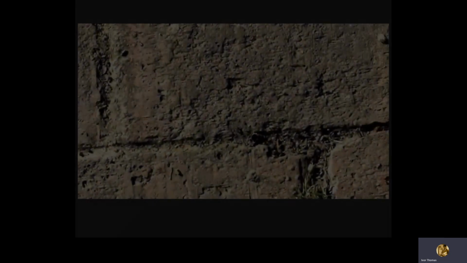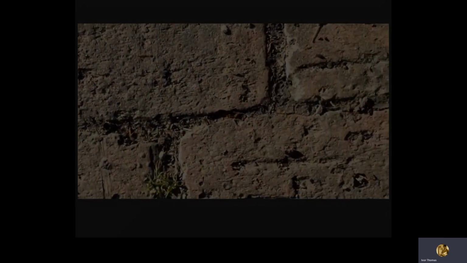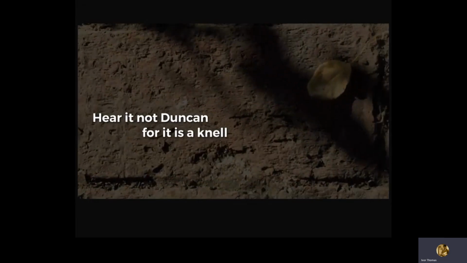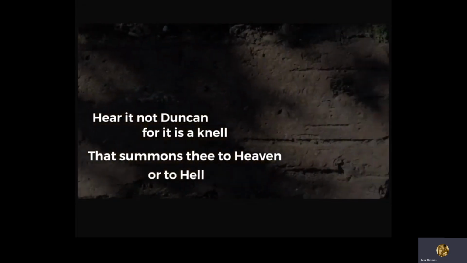Thou sure and firm-set earth, hear not my steps, which way they walk, for fear thy very stones prate of my whereabout, and take the present horror from the time, which now suits with it. Whiles I threat, he lives: words to the heat of deeds too cold breath gives. I go, and it is done. The bell invites me. Hear it not, Duncan, for it is a knell that summons thee to heaven or to hell.